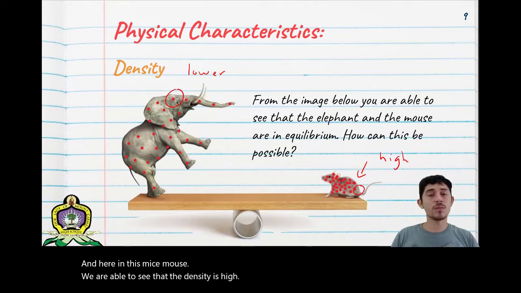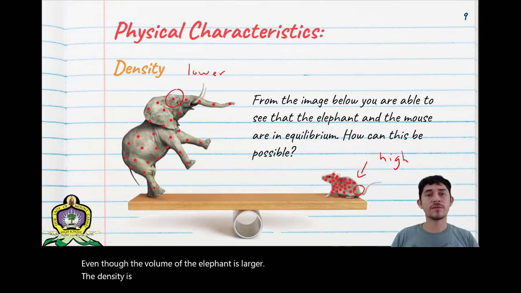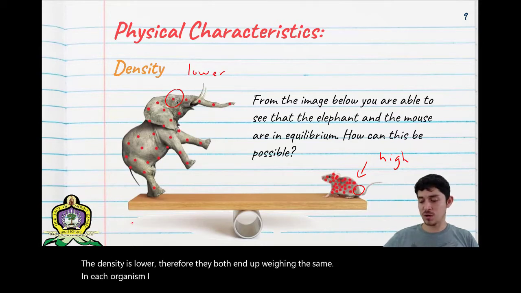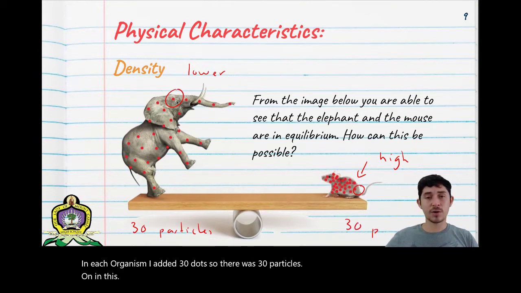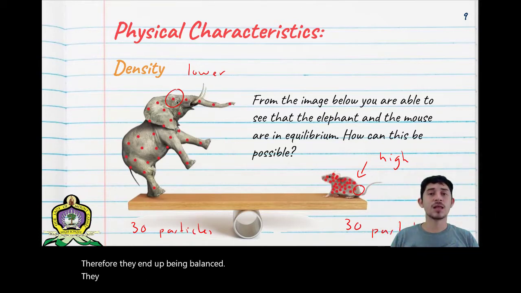Even though the volume of the elephant is larger, the density is lower, therefore they both end up weighing the same. In each organism, I added 30 dots, so there were 30 particles. Therefore, they end up being balanced. They weigh the same, they have the same mass, they just have different volumes.